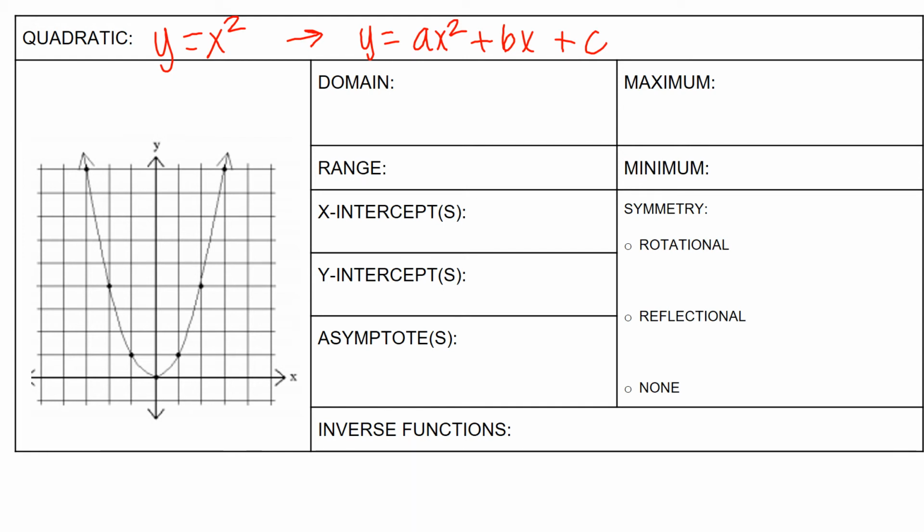If you look at our quadratic parent function, there are some key points. We have our origin. We have our parent point. We have 1, 1, 2, 4. We have negative 2, 4. Negative 1, 1. And we have negative 3, 9, and positive 3, 9.